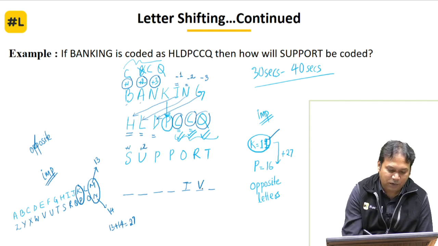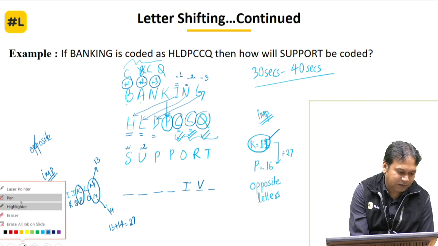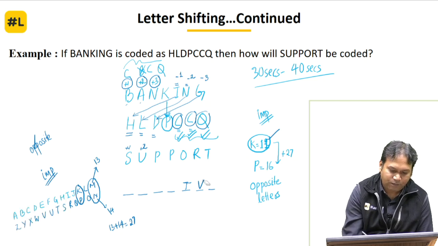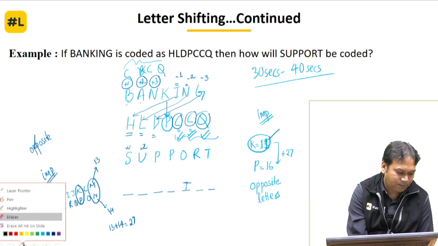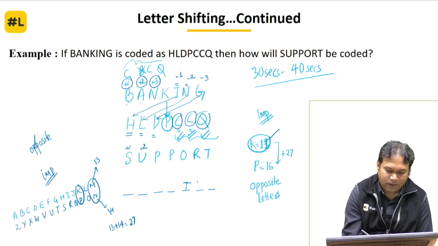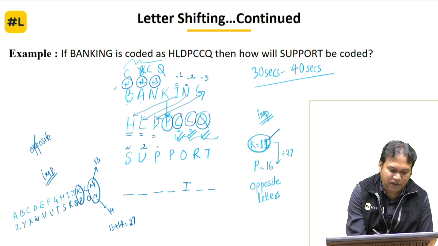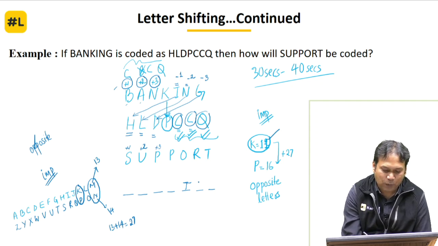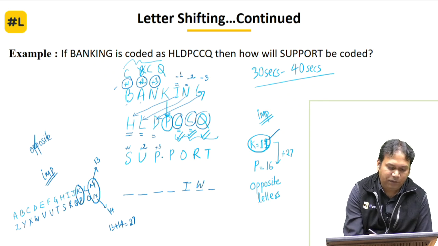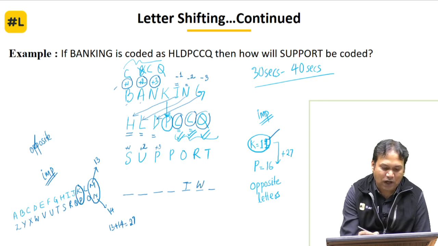So, U, V, W, let us correct this part. Plus 1, plus 2, plus 3. So, S plus 1, U plus 2, P plus 3, U, V, W and P, Q, P plus 3, Q, R, S.